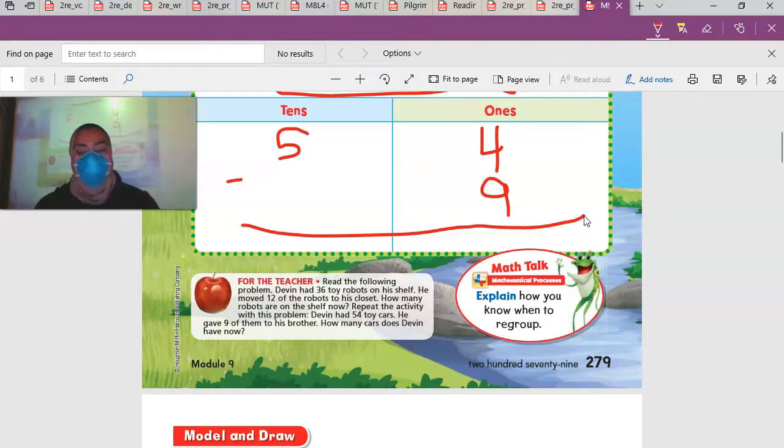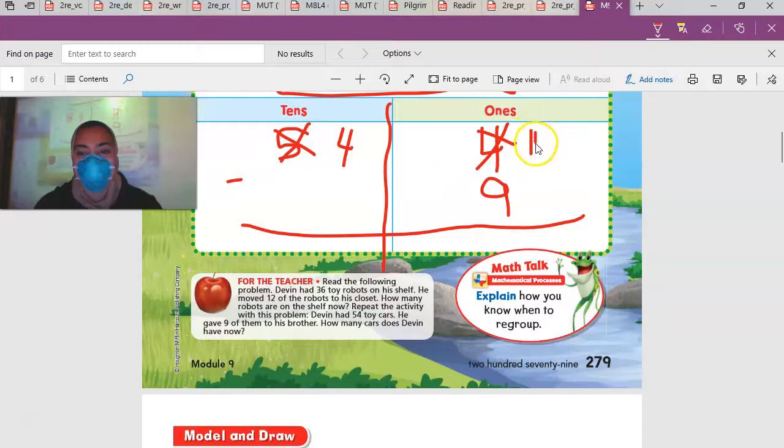Okay, 4 take away 9. Can we do that? No. If the top number is smaller than the bottom number, you have to regroup. Let's say that one more time together. If the top number is smaller than the bottom number, you have to regroup. And regroup means borrowing from the tens place. So 5 becomes a 4, and 4 becomes a 14.